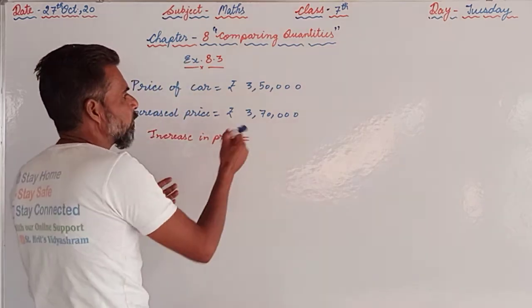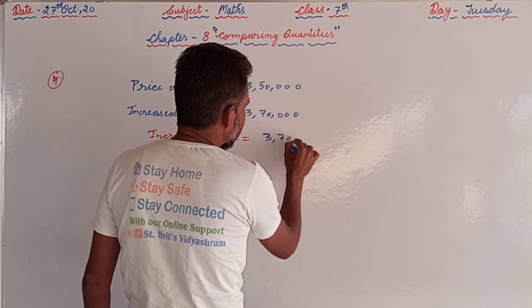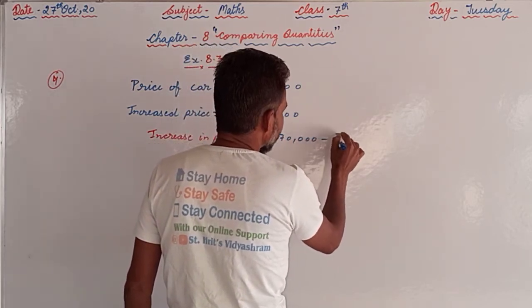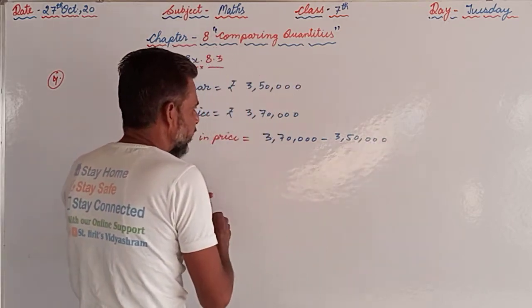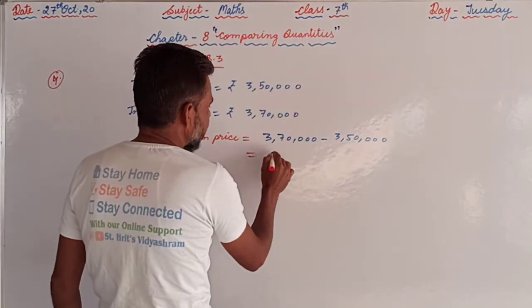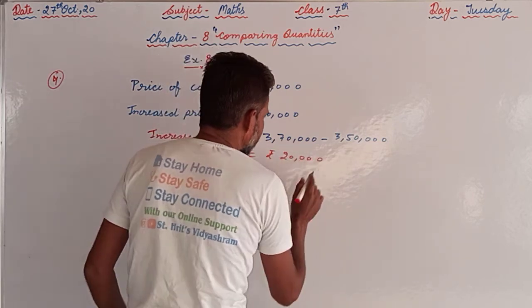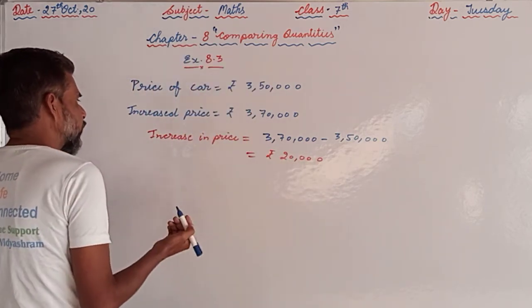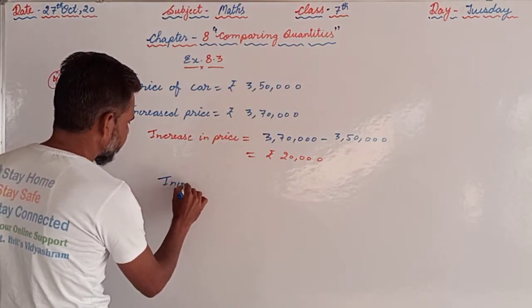Increase means how much increased. So the price after 1 year became 3,70,000 and previously it was 3,50,000. So clearly we can see, if we subtract that, that is the increase of 20,000. But we are supposed to find the increase percentage as well.